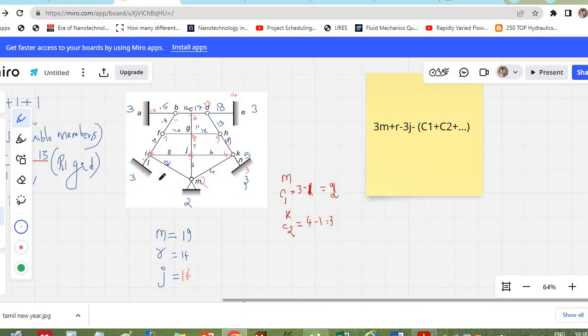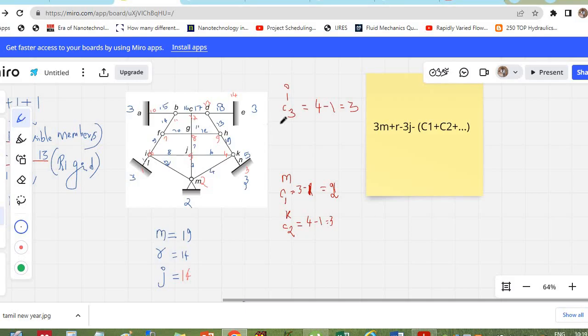Then you take the pin joint I, which is C3. 4 members are meeting, so 4 minus 1 equals 3.